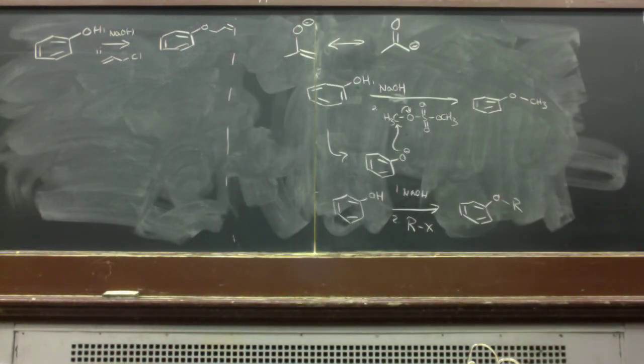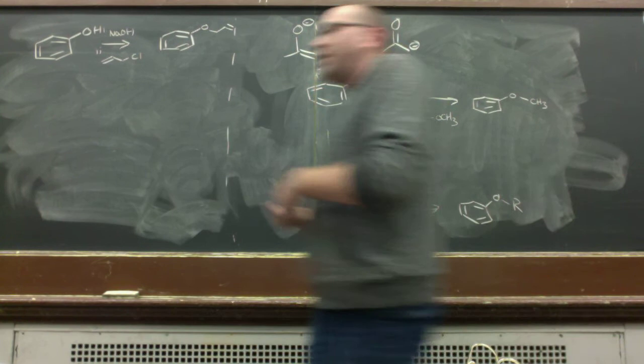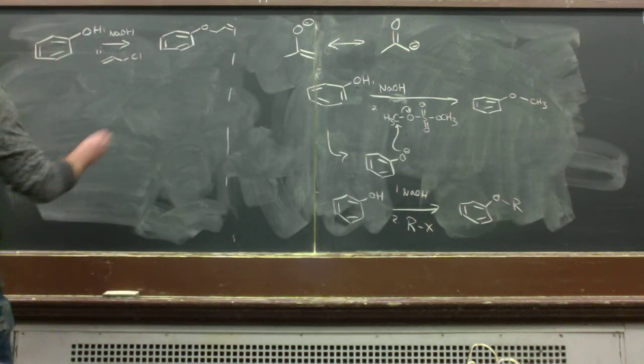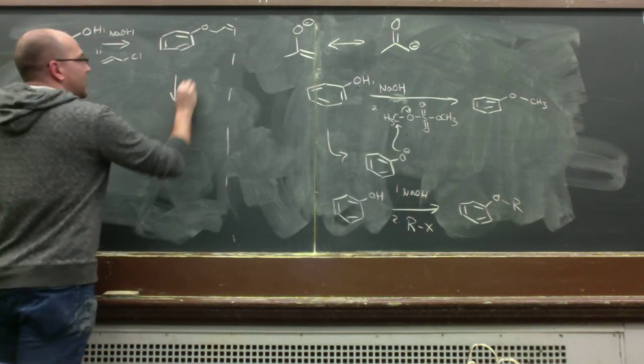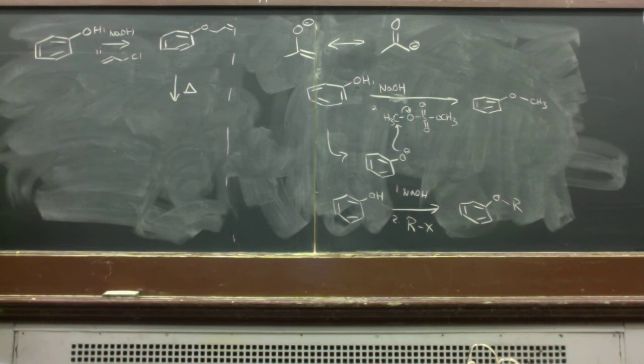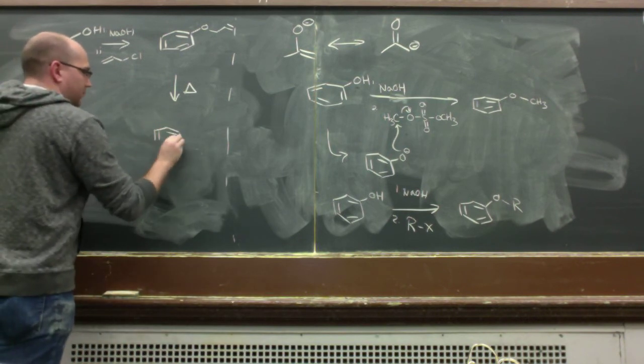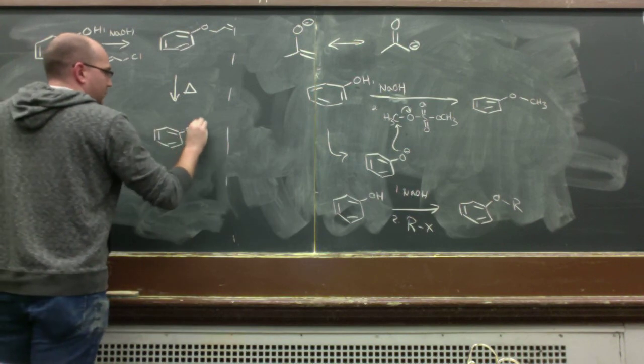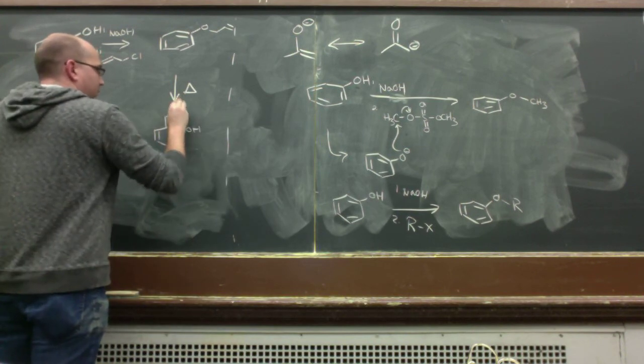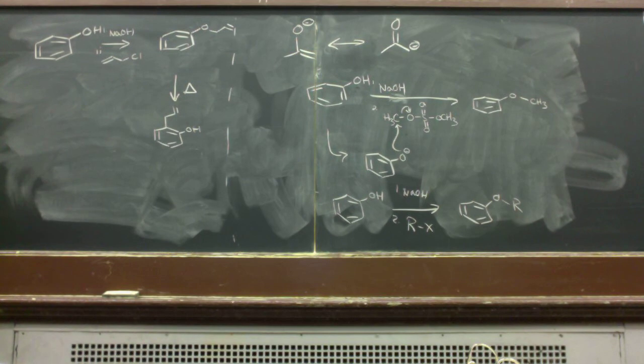Now it turns out that this is an interesting case when you have an allyl group in there, because if you take this molecule and you heat it really high, what will happen is you'll actually end up with the allyl group right there. Okay?